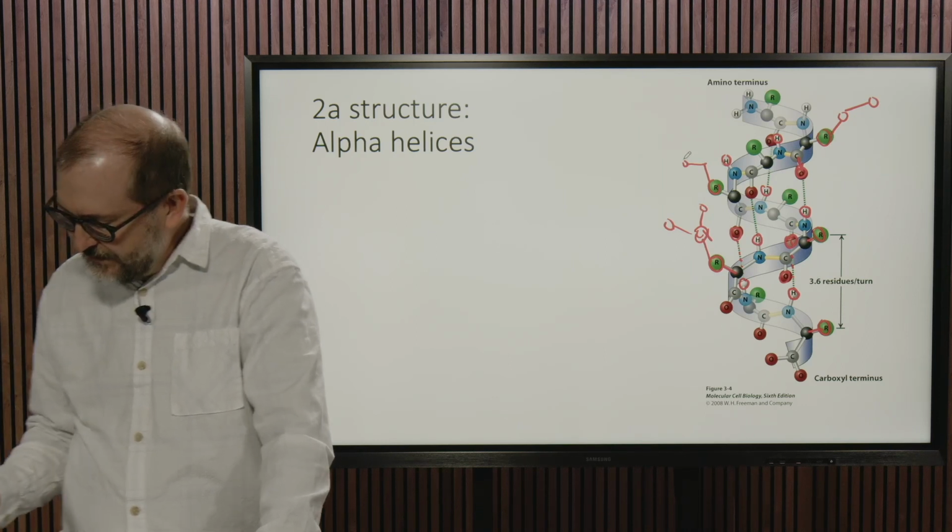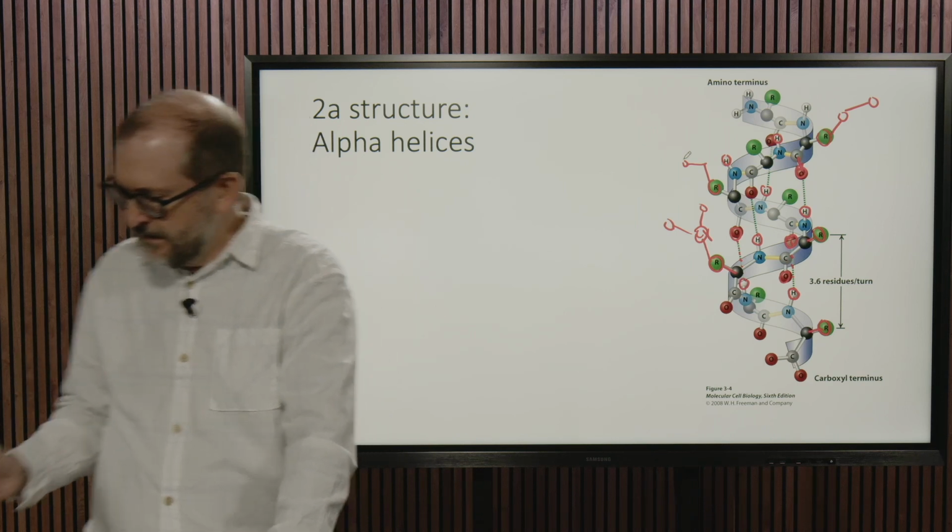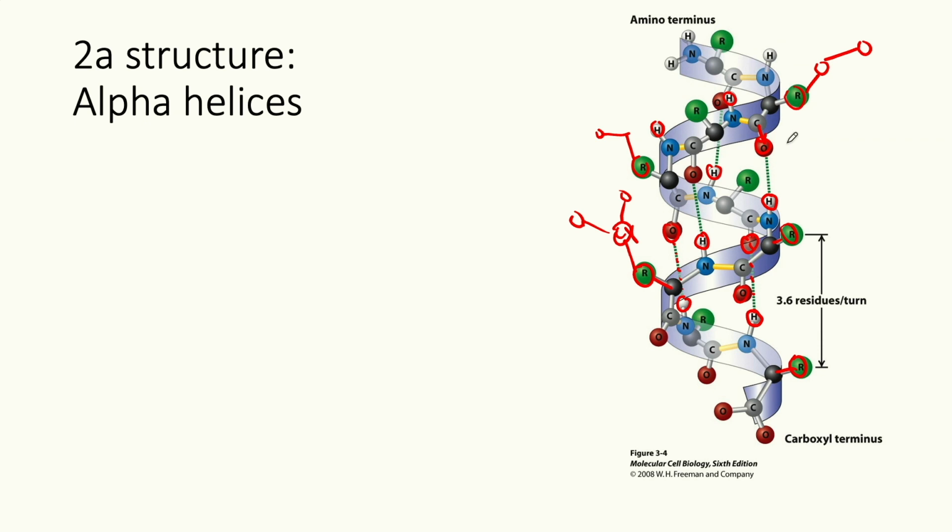Another consequence of this kind of directionality that the helix has is that, going back to the issue of partial charges, oxygen again has a negative partial charge. The hydrogen is going to have a positive partial charge. So you have a dipole here. And all of these oxygen-hydrogen pairs also have a dipole, right?